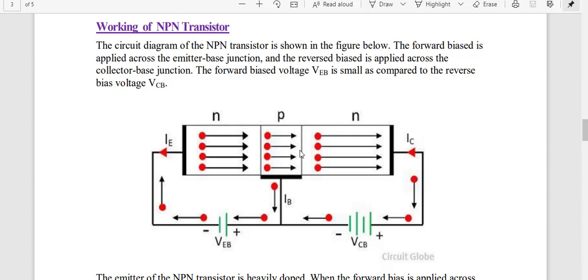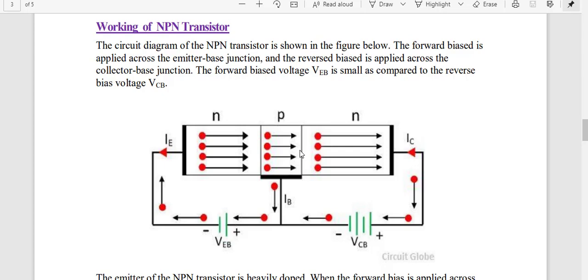So our tendency is to move the majority carrier from the emitter side to the collector side. If electrons or holes move from the emitter via the base to the collector, there is a movement of these charge carriers, that means there is a conductivity.